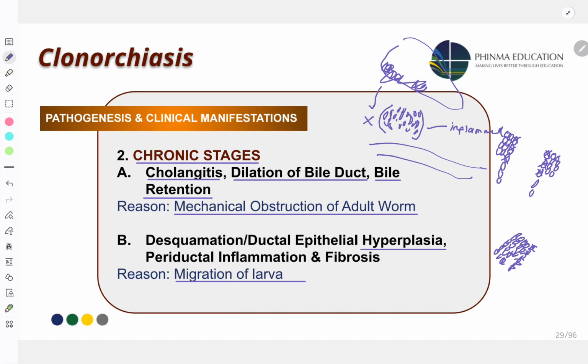So to avoid constant desquamation, it produces a lot of epithelium. That is your hyperplasia, or oversynthesis. It synthesizes too much in response to the injury.